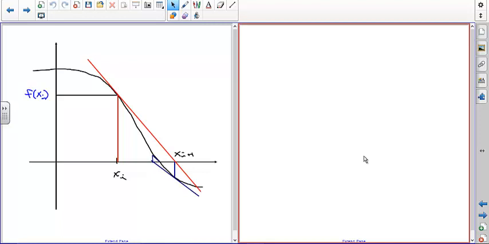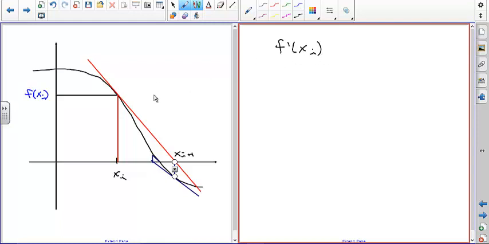Okay, so one way to look at this is, if you think about this, the slope of the tangent line at this point is the slope of the line between the point, our initial guess, and the point where the approximation is crossing the x-axis. So we could evaluate the first derivative at some initial value of x. So that's the derivative at this point.